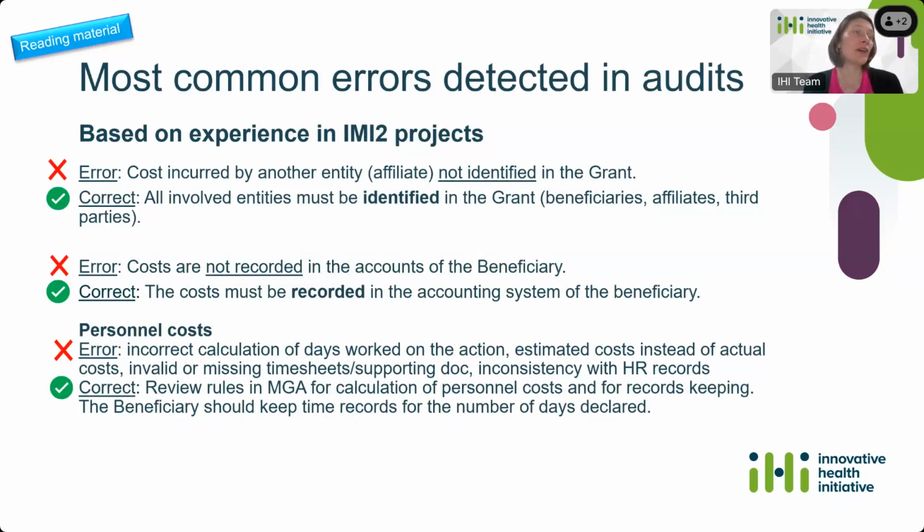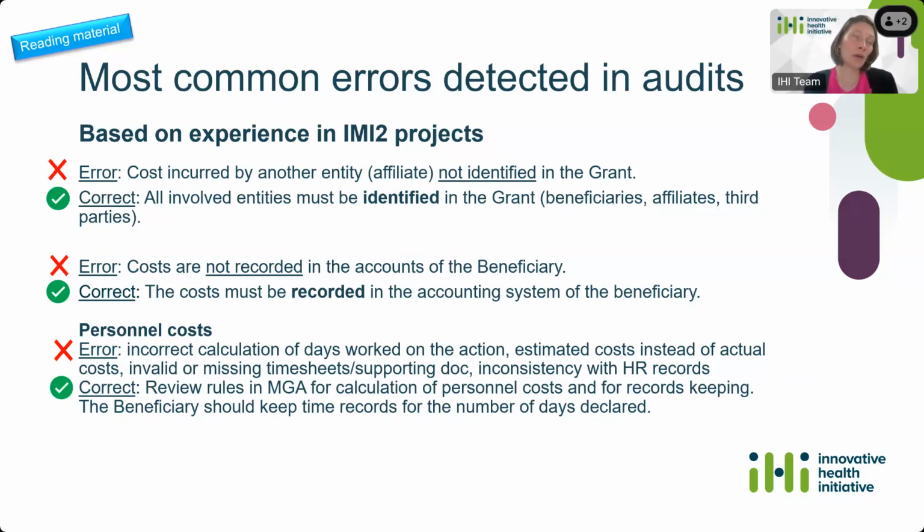So for instance, an error could be that an entity declares costs that have actually been incurred by another entity that has not been identified in the grant. So it's quite important here to make sure that all involved entities are identified in the grant, whether they're like third parties or affiliated entities or whatever. They need to be identified in the grant before costs are reported.